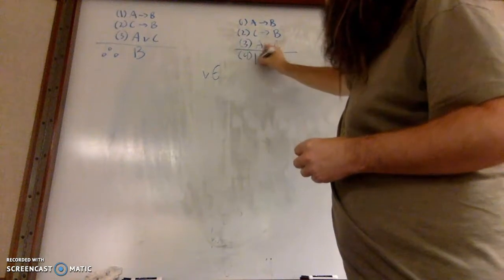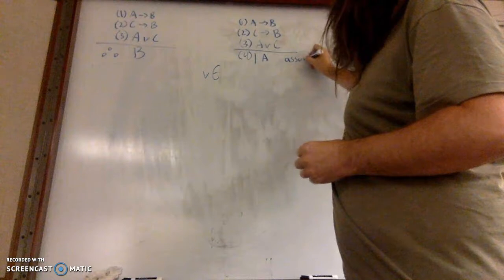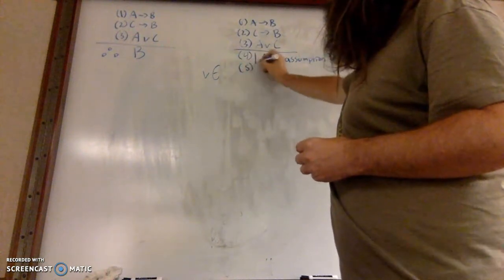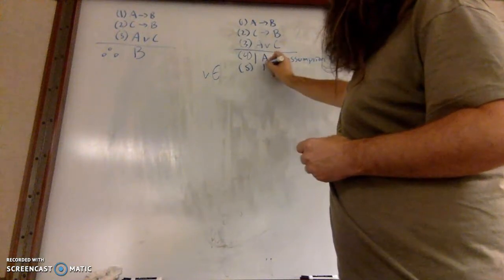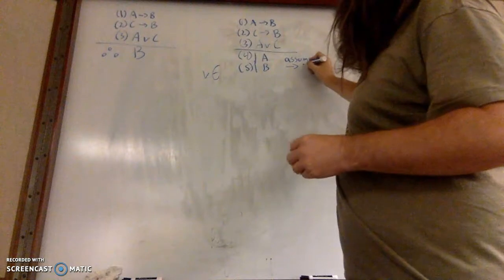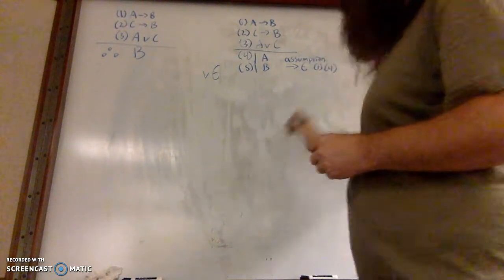So start with the assumption A. Okay, 5 would be B, via a conditional elimination on lines 1 and 4, right?